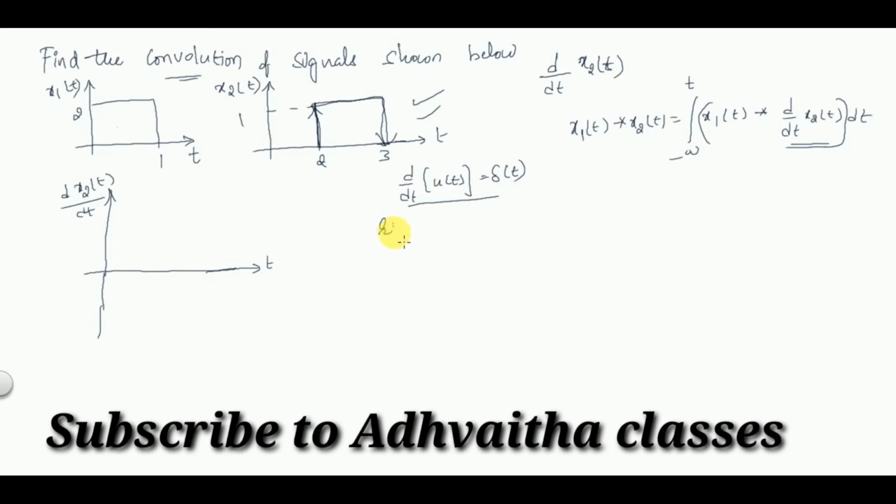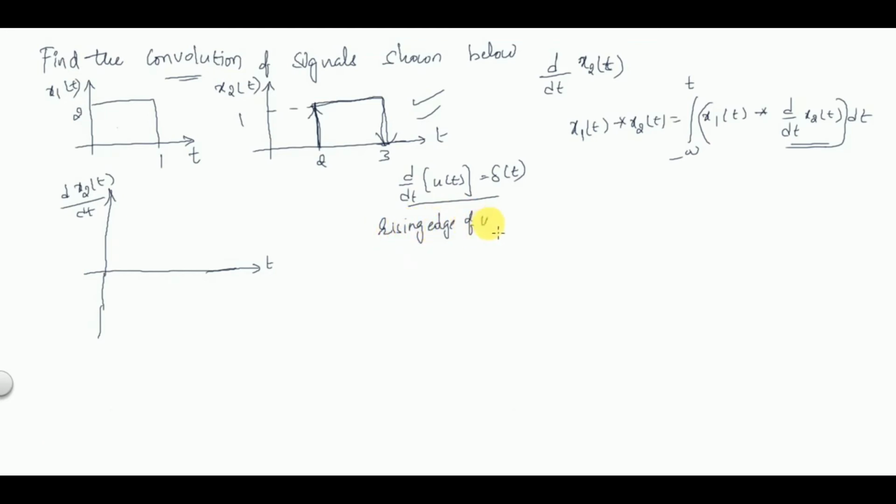So rising edge of u of t represents positive impulse, and falling edge of u of t represents negative impulse.